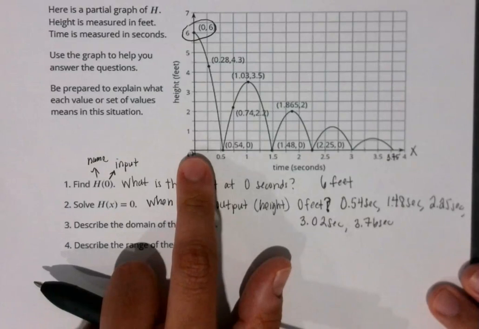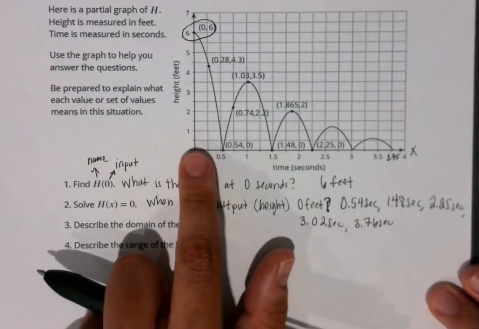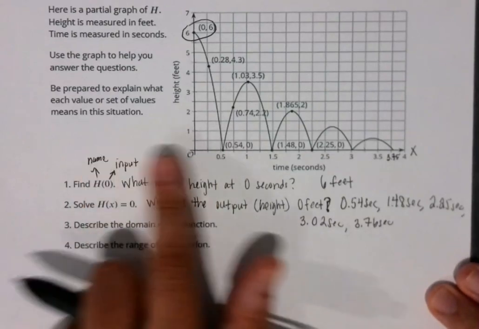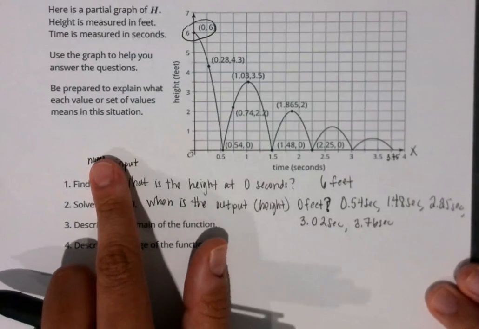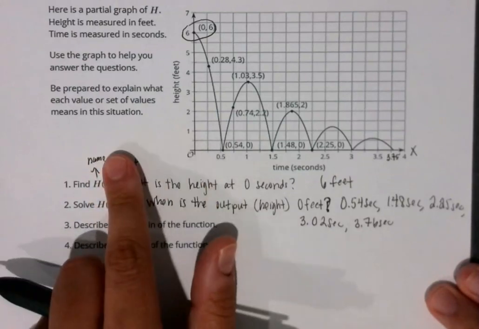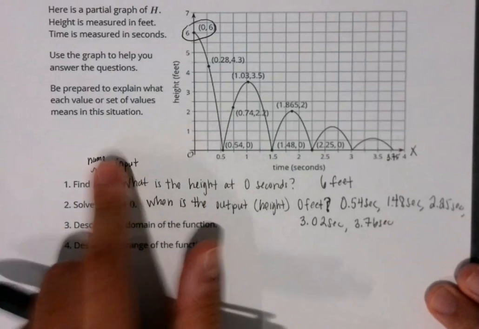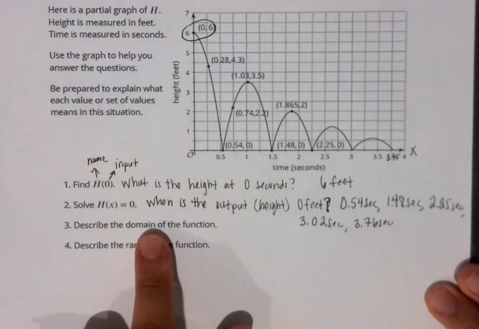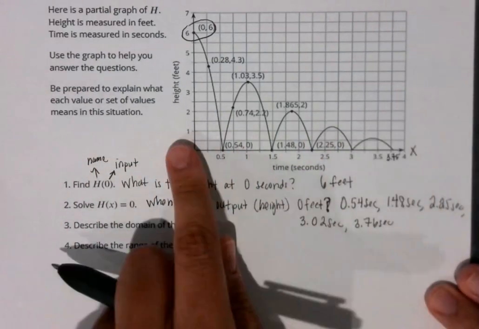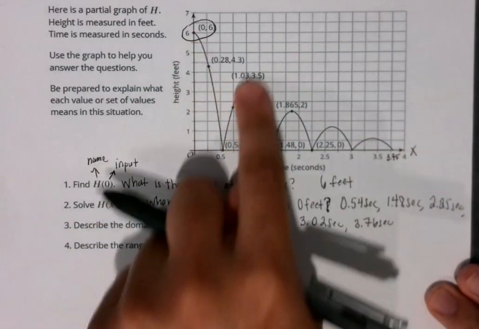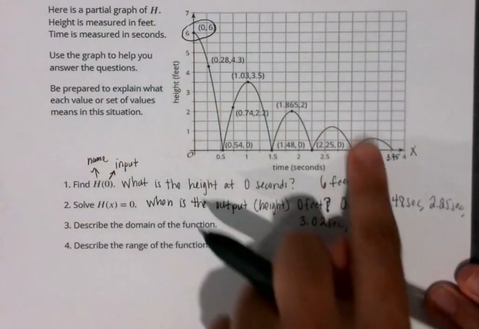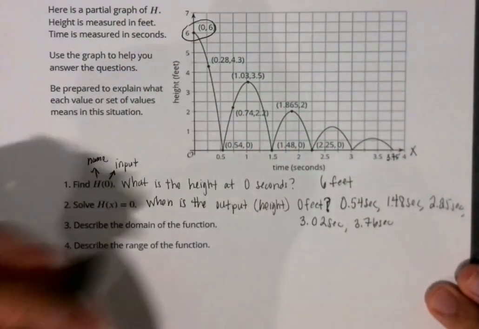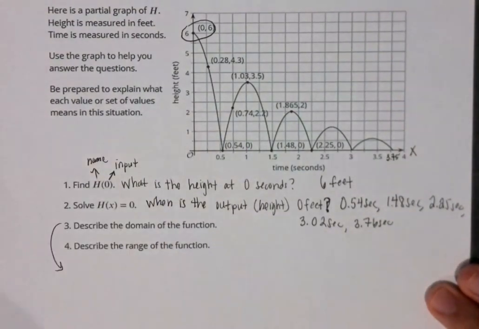Even though the graph starts at 0, we have to think about whether time can happen before 0, in the negative numbers. And no, we don't really have a time machine yet, so we can't go back in time. So the domain of this function, the possible times for this tennis ball to drop and keep bouncing, has to start at 0 seconds.